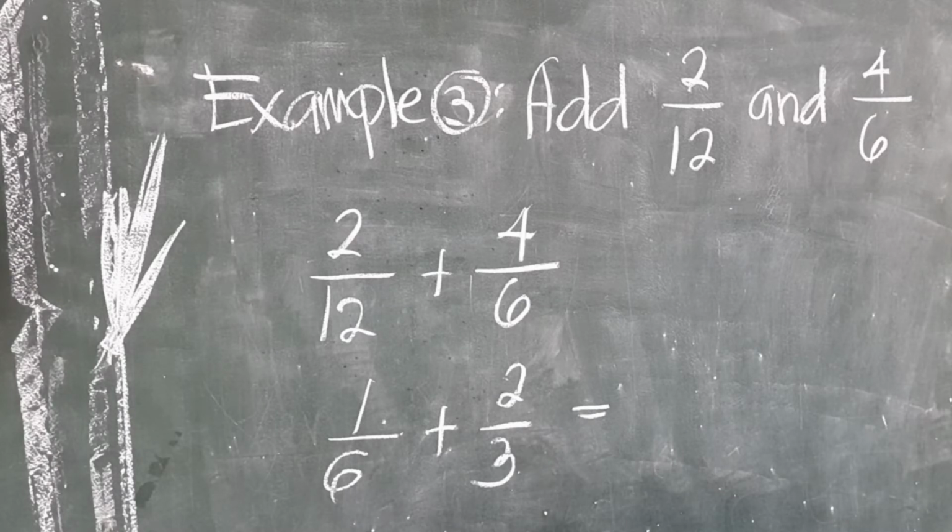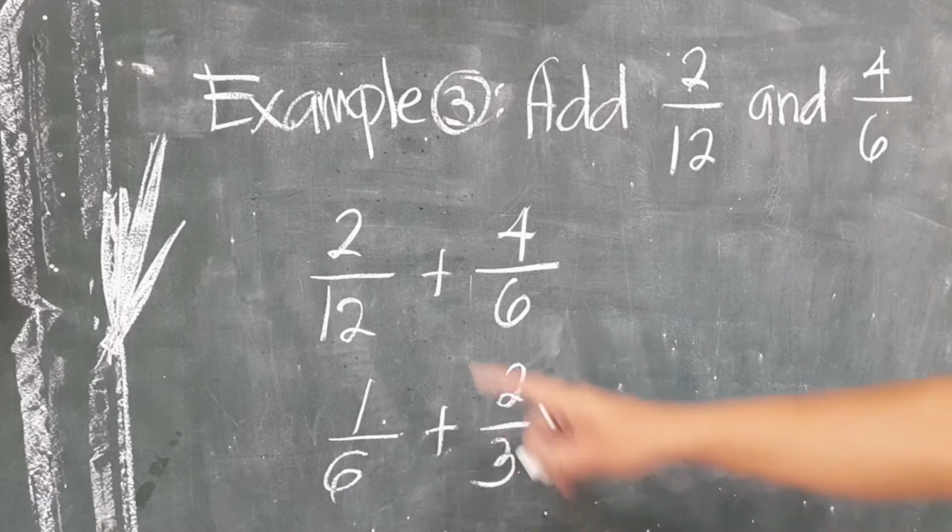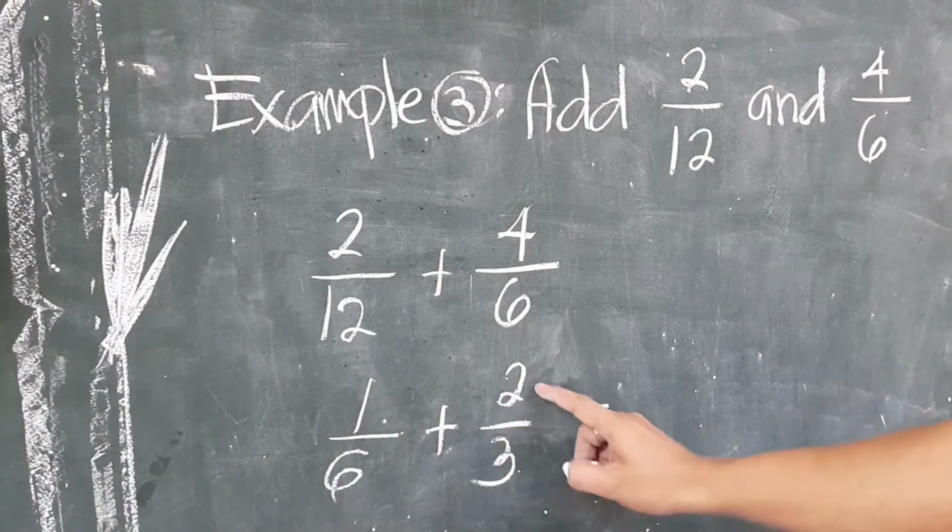Now, dealing with dissimilar fractions, I am giving you a shortcut method to answer this problem. In using other methods, make sure not to violate any properties of real numbers. So we have 1 over 6 plus 2 over 3.